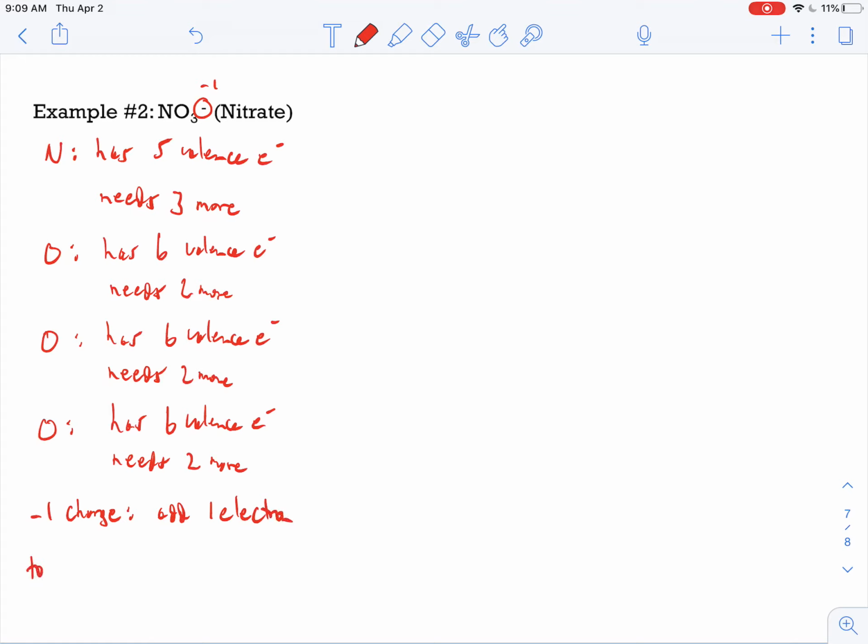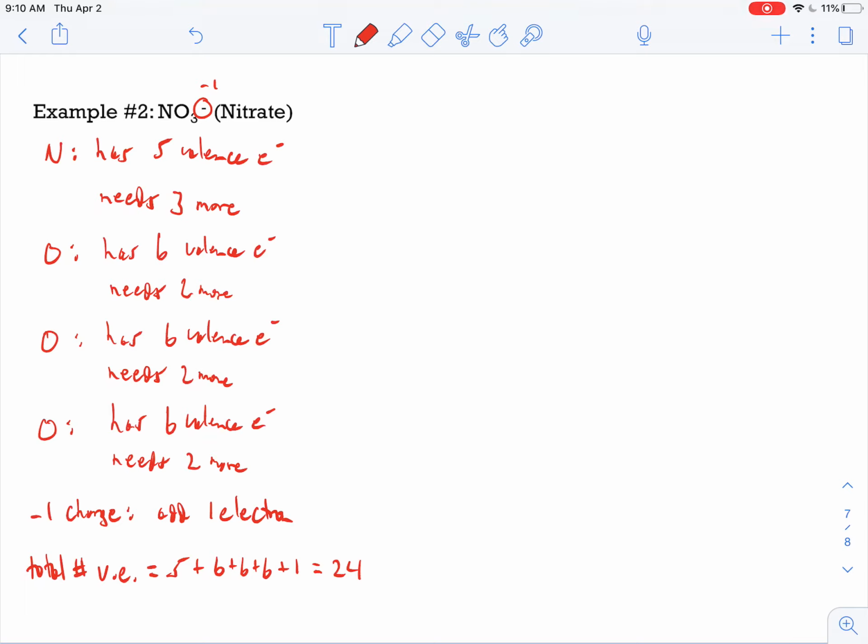So when we think about the total number of valence electrons, we're going to have 5 plus 6 plus 6, plus 6, and then since we're adding that 1 electron due to our charge, a plus 1, going to give us a total of 24 electrons.